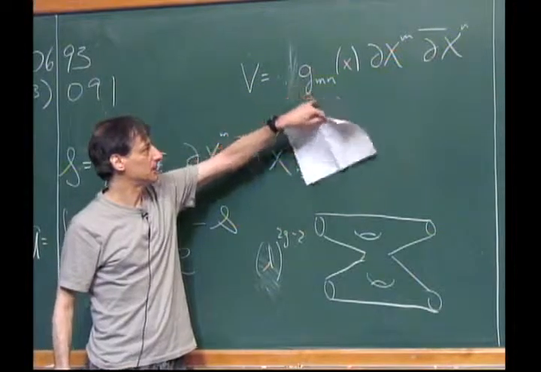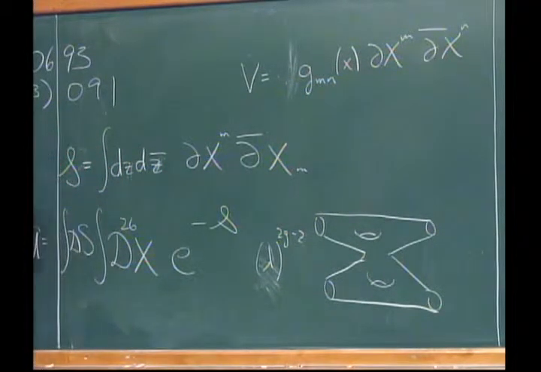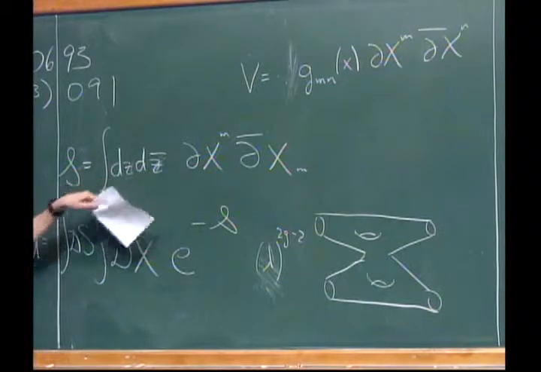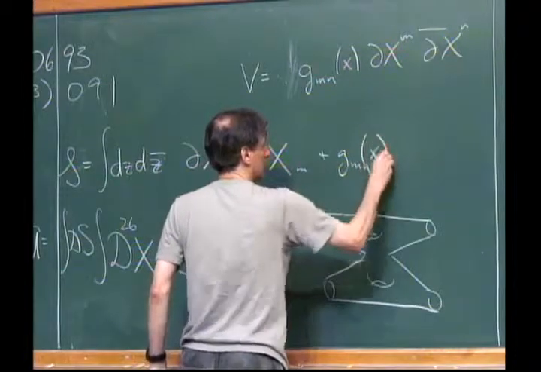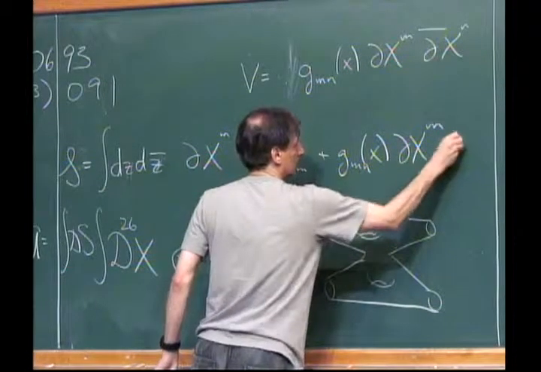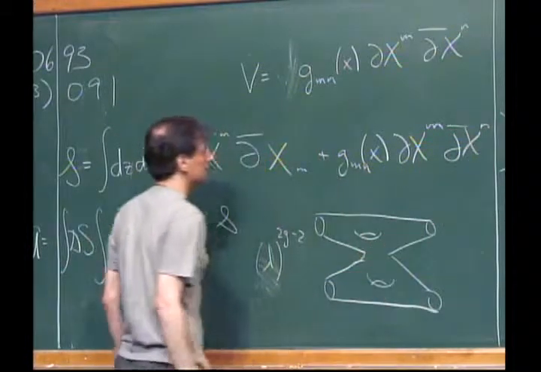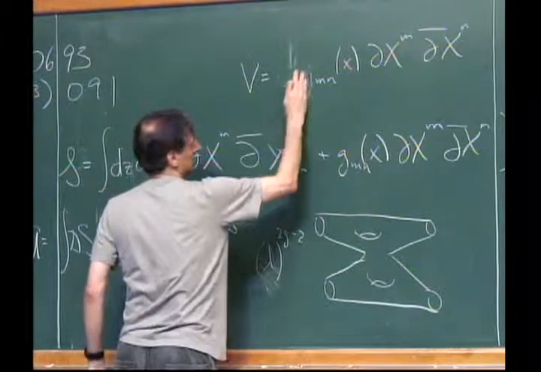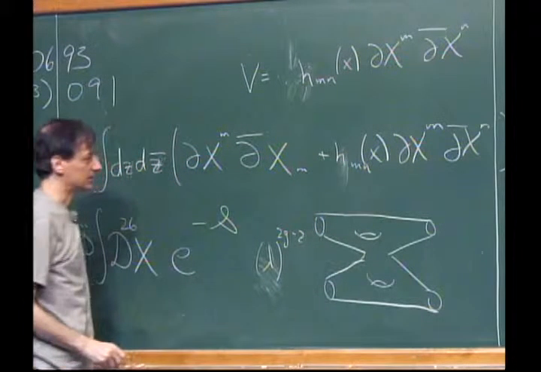So this is supposed to be a graviton where G_MN is very small. So if you add this to the action, you would get something that looks like the string. Maybe I should call it h because it's the part of the metric which is different from the Minkowski metric.